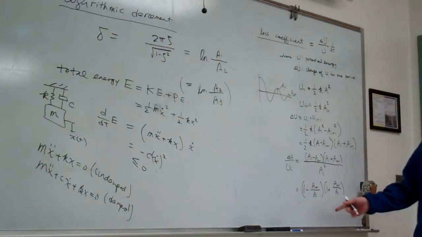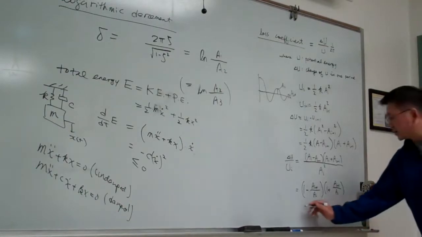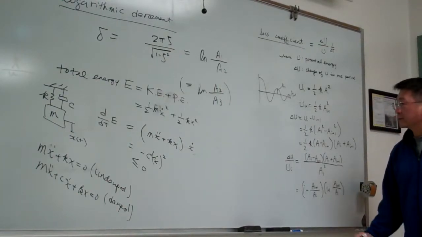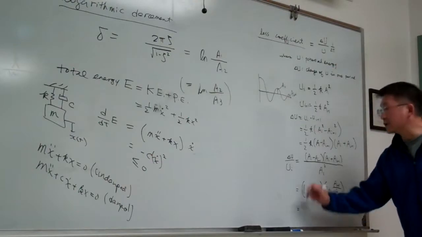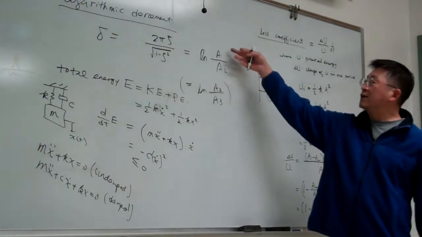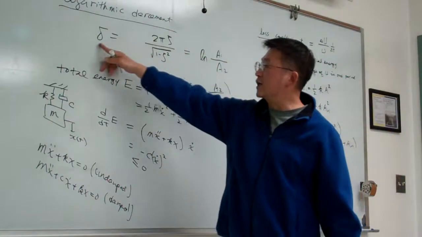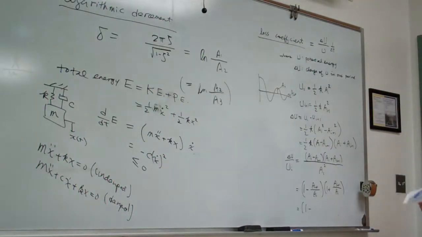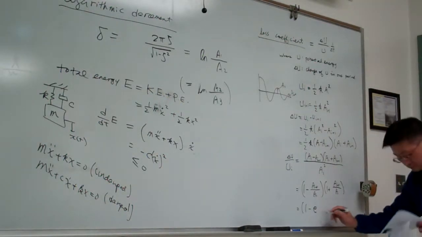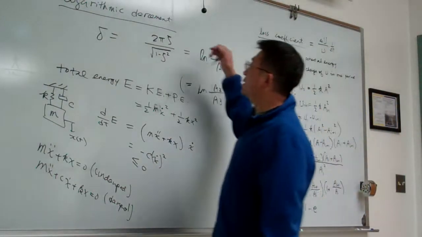And then from here we can relate to the logarithmic decrement. By the definition, the ratio between the amplitudes one period apart is the exponent of delta. So let me rewrite here.